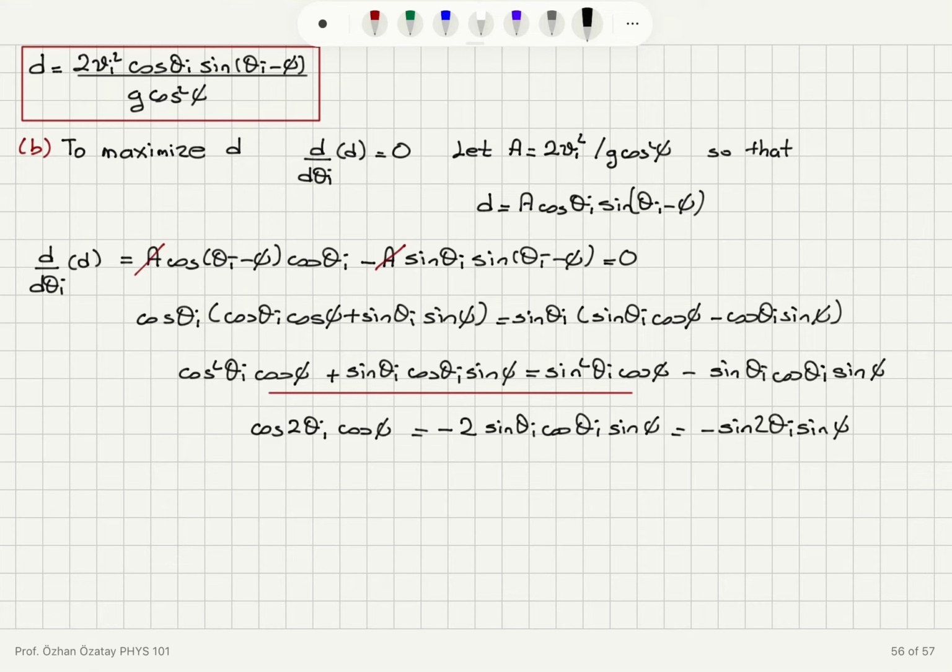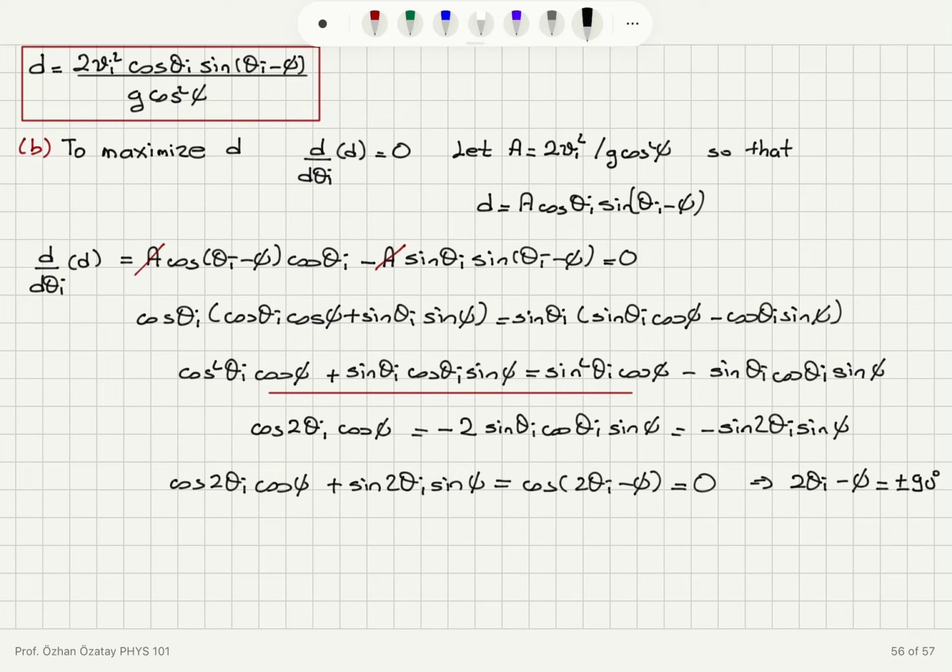So what I obtain here is cosine 2 theta initial cosine phi plus sine 2 theta initial sine phi, which is cosine of 2 theta initial minus phi equals to 0. So this means that this angle 2 theta I minus phi should be plus or minus 90 degrees. So that tells me that theta initial must be equal to plus or minus 45 degrees plus phi over 2.